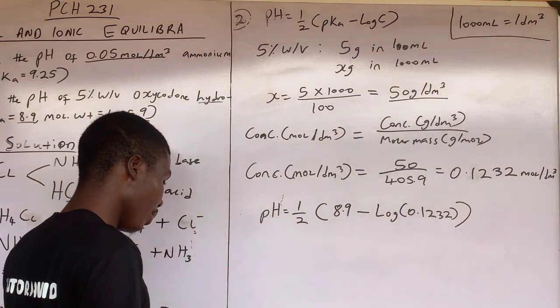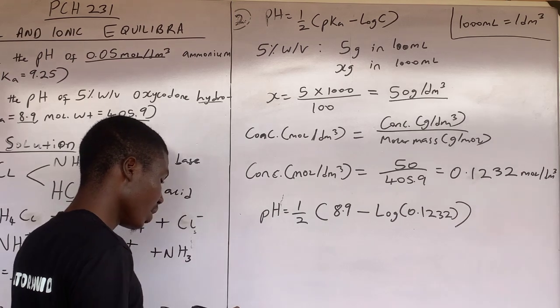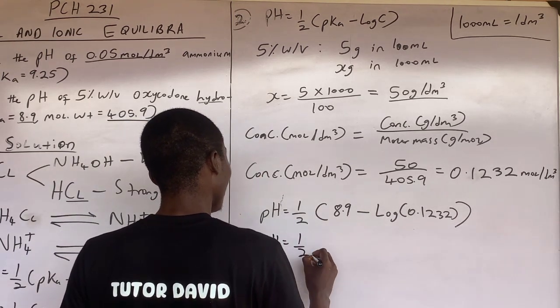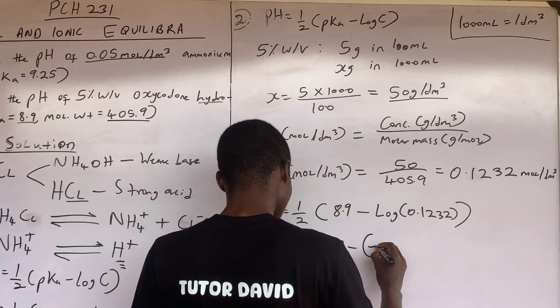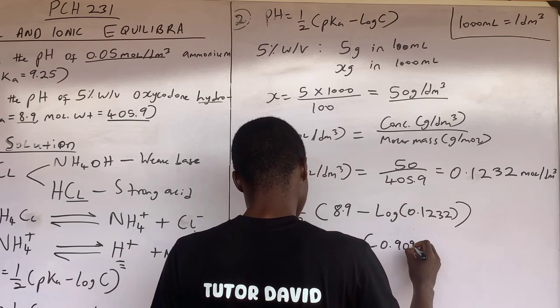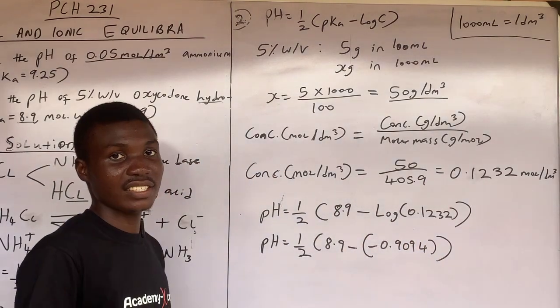Log of 0.1232, we've gotten our answer for that. So our pH is equal to 1/2 bracket 8.9 minus bracket minus 0.9094, and we already established that minus times minus is plus.